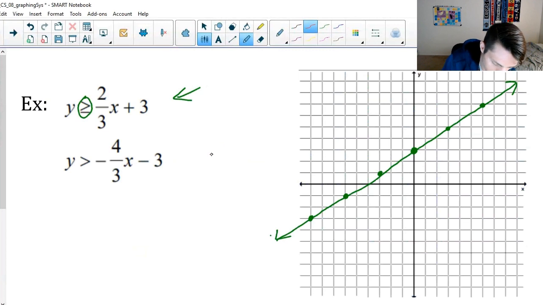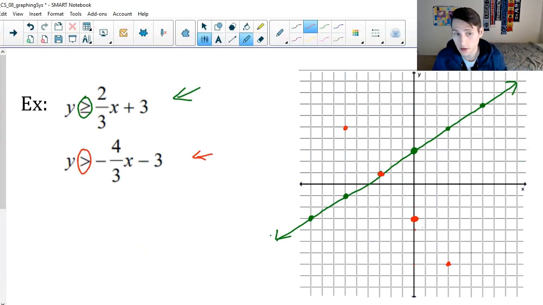All right, and for my second line, negative 3 is the y-intercept. Negative 4/3, so I can think of that as down 4 and right 3, or up 4 and left 3. Either way.